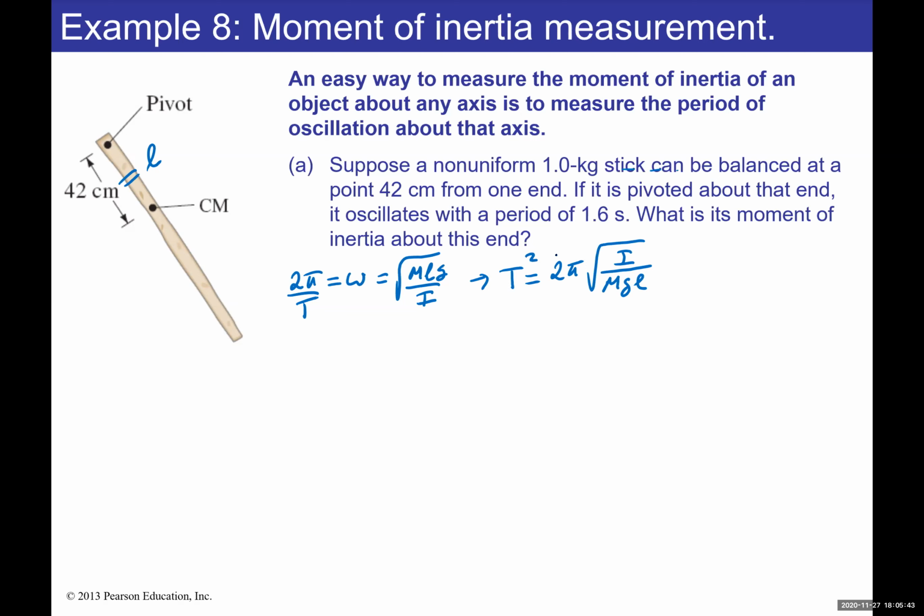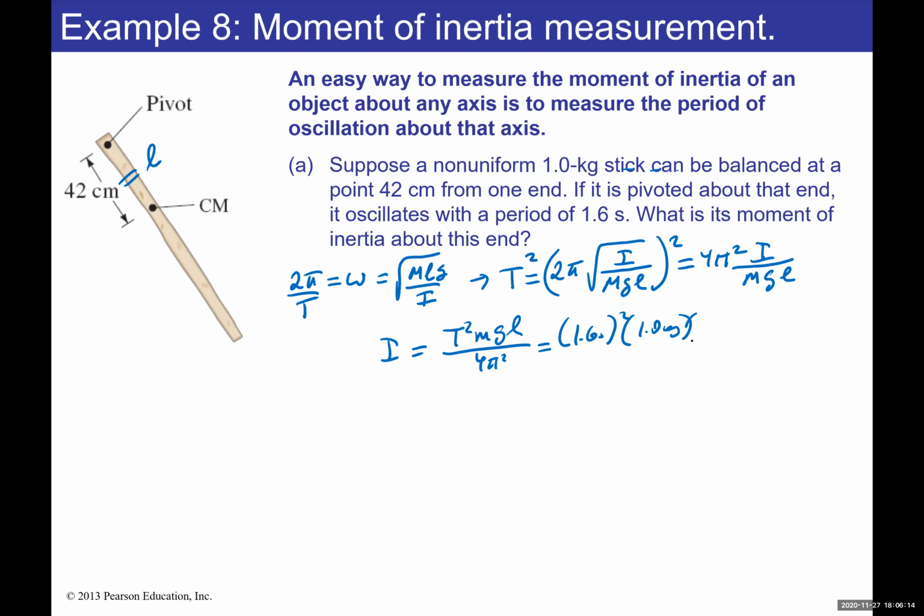Again, I square both sides. So T squared equals 4 pi squared times the moment of inertia over mgl. And remember, our goal here is to find the moment of inertia. So I equals T squared times mgl over 4 pi squared. So I have 1.6 seconds squared times 1 kilogram times 9.8 times 0.42 meters, divided by 4 pi squared.